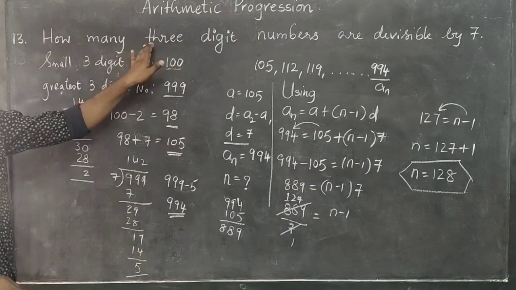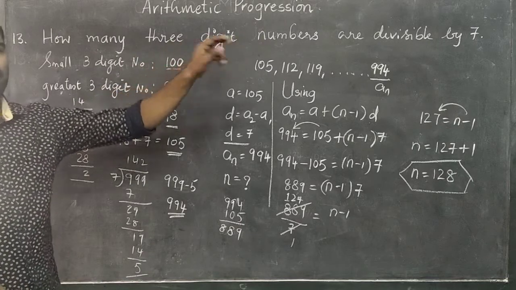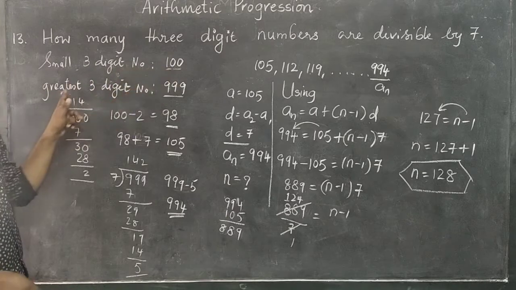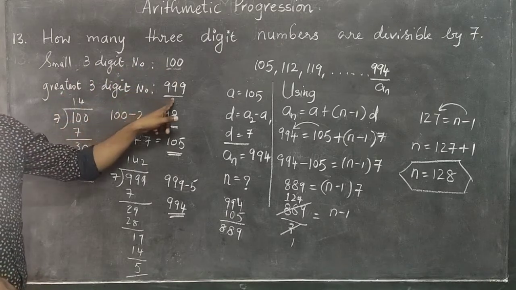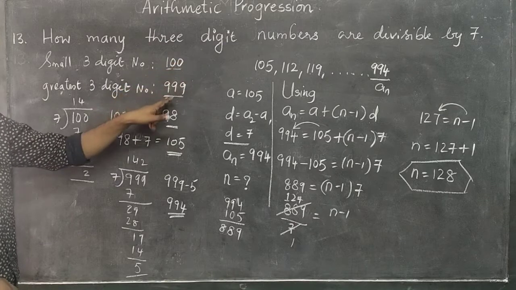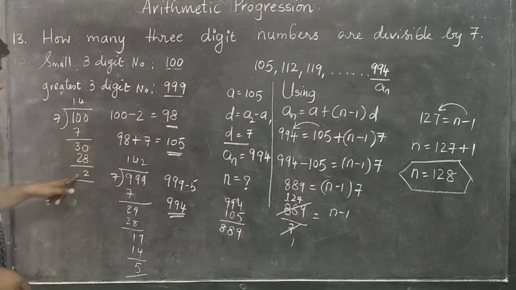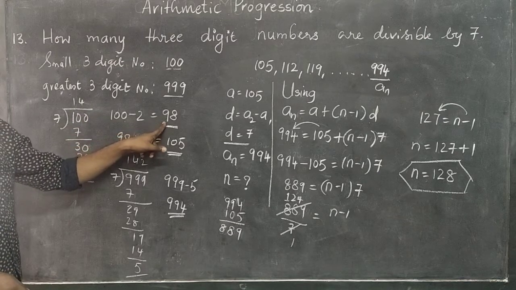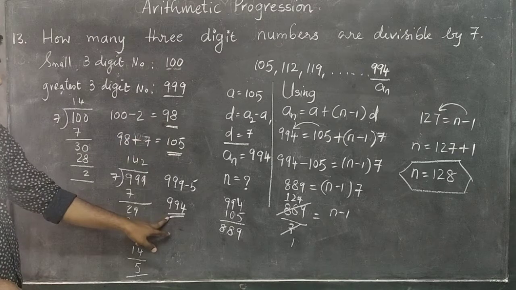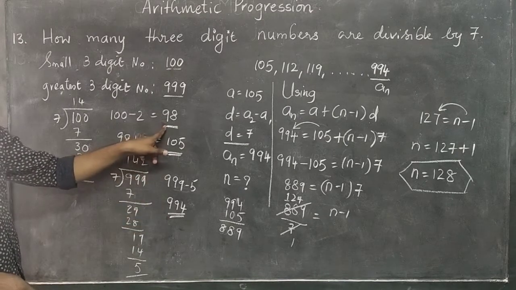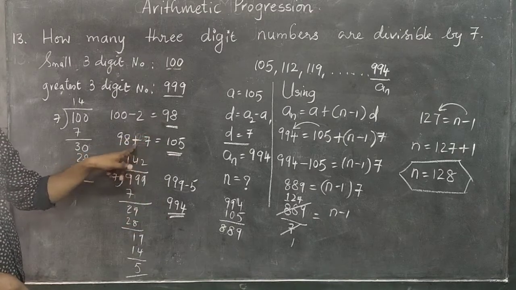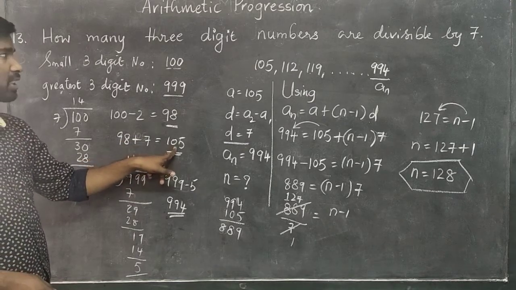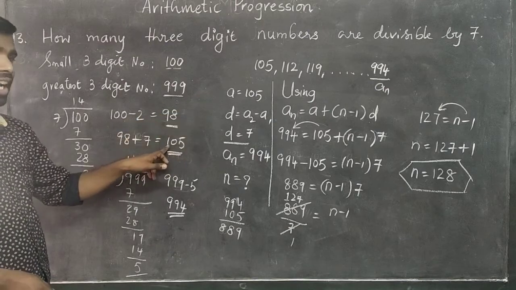Students, we will do a small revision of this question. We should find out the number of 3-digit numbers which are divisible by 7. The smallest 3-digit number is 100 and the greatest 3-digit number is 999. Divide 100 by 7 and 999 by 7, and subtract the remainder. Whatever number you get becomes the first term and the last term. Since it is a 2-digit number, we add 7 to get the 3-digit number. Therefore, the first 3-digit number divisible by 7 is 105.